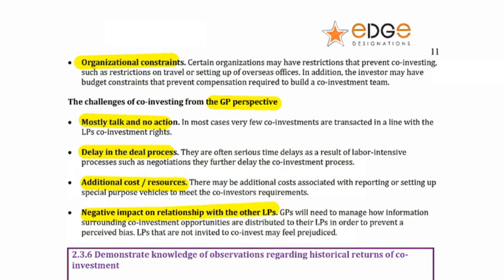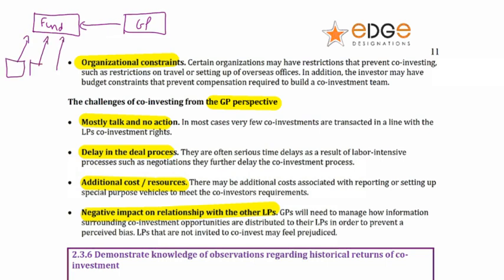Negative impact on relationship with other LPs. Remember, if you look at the structure very briefly here, so here is your fund. Let's say it's a normal private equity fund. The fund is managed by the general partner, and let's say, in this example, it is funded by 3 limited partners, limited partner 1, 2, and 3.